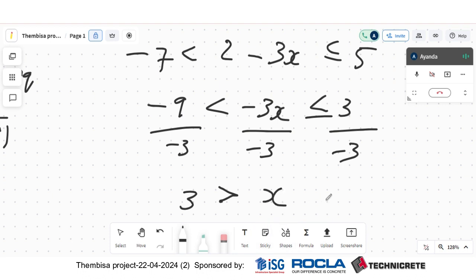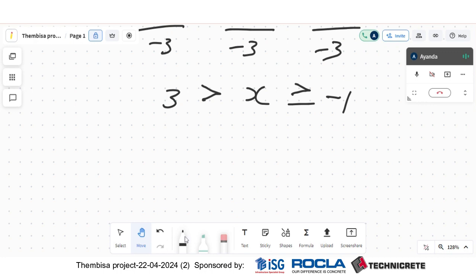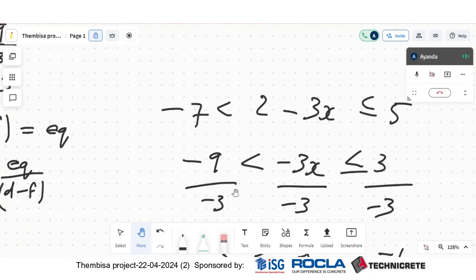We'll be left with x, and we will be left with negative 1 on the side. Let's rewrite this nicely. So x must be greater than or equal to negative 1 or less than 3. And we have solved for x in this inequality.